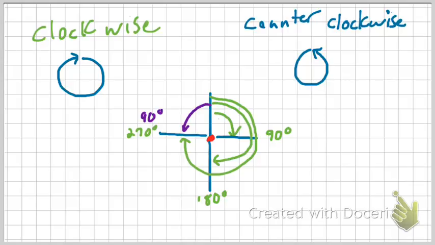A lot of times we don't see 270-degree rotations. I don't know if I've ever seen one on a STAR test. You typically see 90 degrees and 180 degrees. So with a 90-degree rotation, you've got to know the difference between clockwise and counterclockwise.